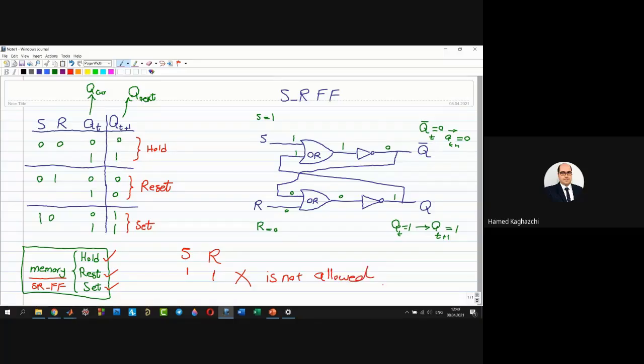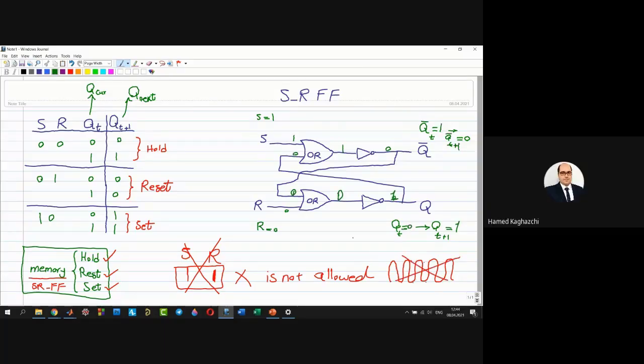What does it mean? It means that I cannot set S1 and reset 1, I cannot set both of them simultaneously at the same time to 1. This is wrong, because I will have fluctuation in output.